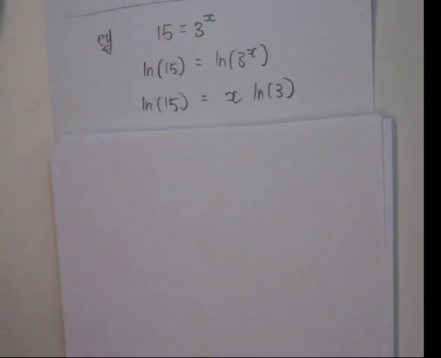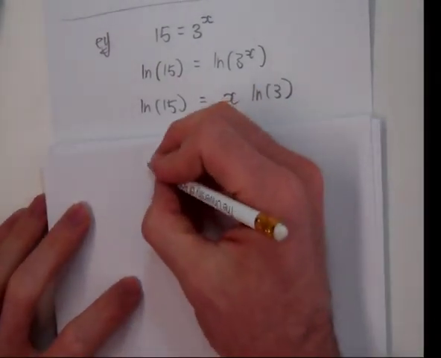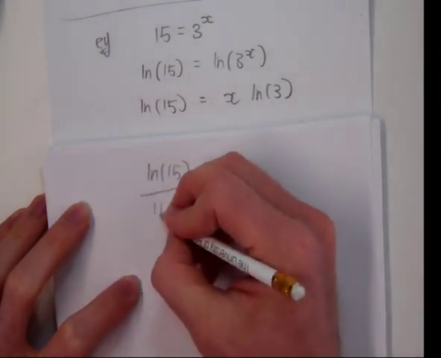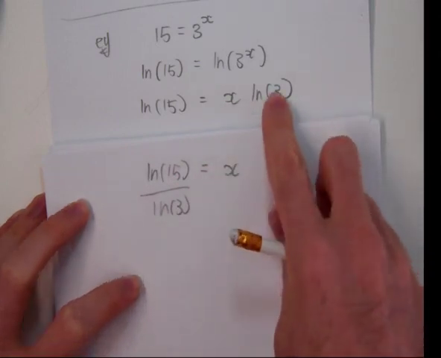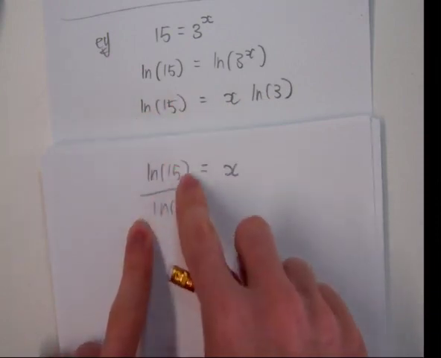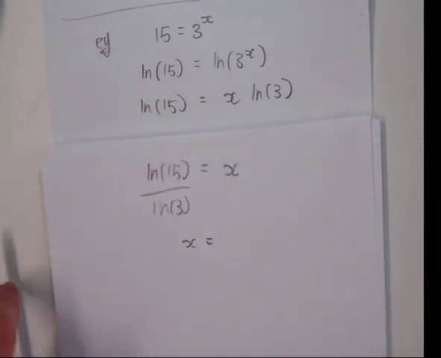ln3 is a number. I can divide both sides of my equation by that number. So x times ln3 divided by ln3 gives me x again. ln15 divided by ln3 is that. And that means that x is whatever this number works out to.